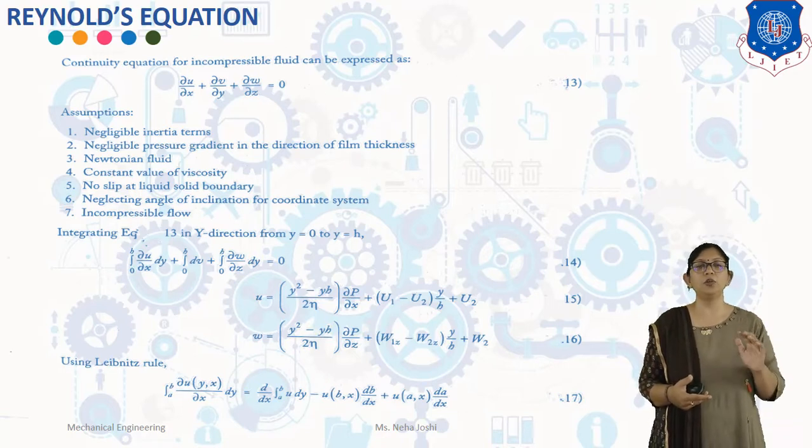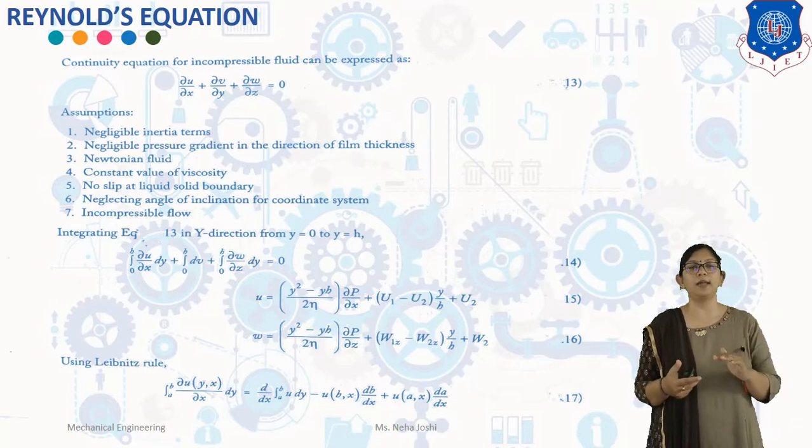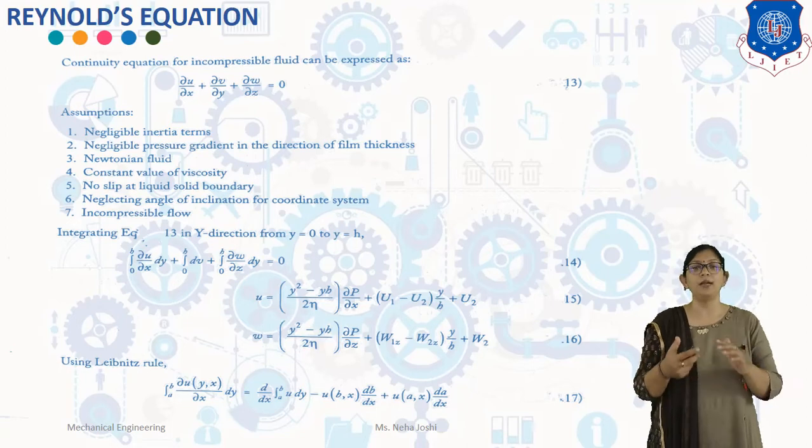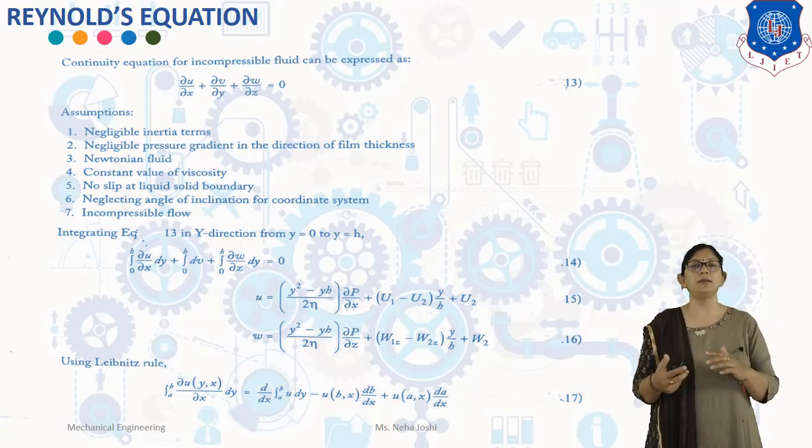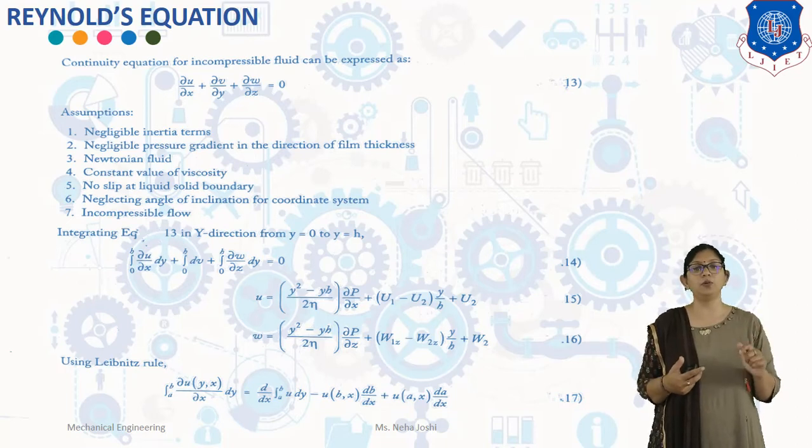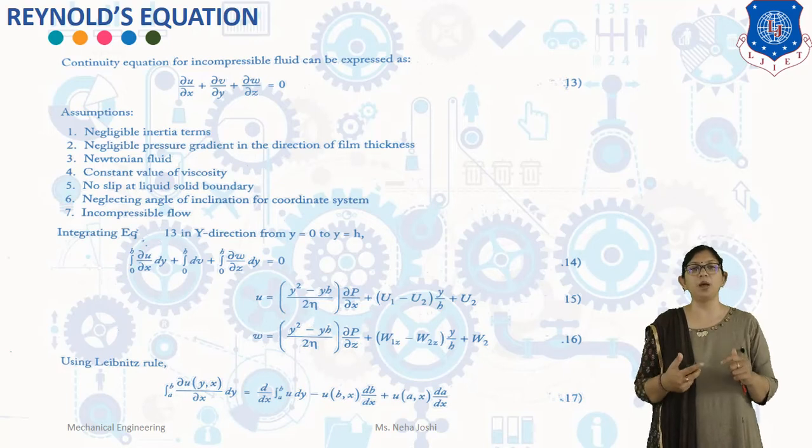So we can get u is equal to (y² − yh) divided by 2η ∂p/∂x plus (u1 − u2) y/h plus u2. And w is equal to (y² − yh) upon 2η ∂p/∂z plus (w1z − w2z) y/h plus w2.